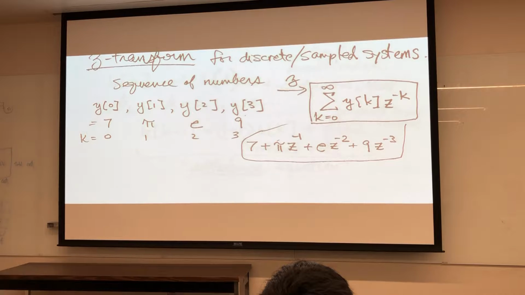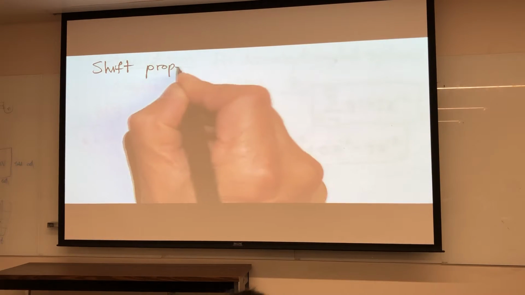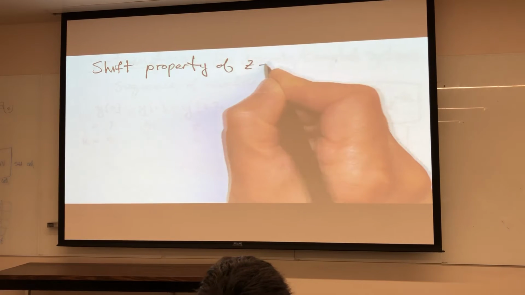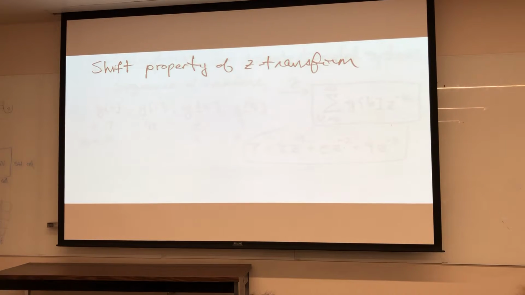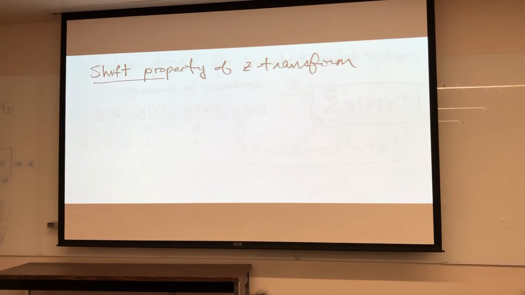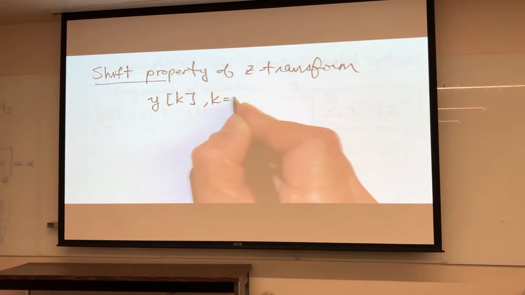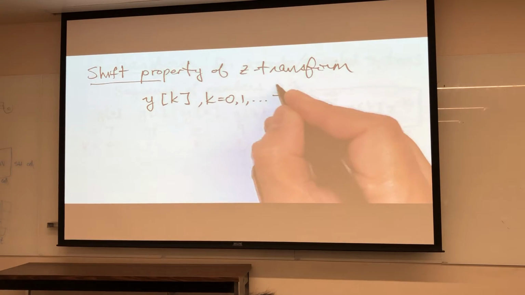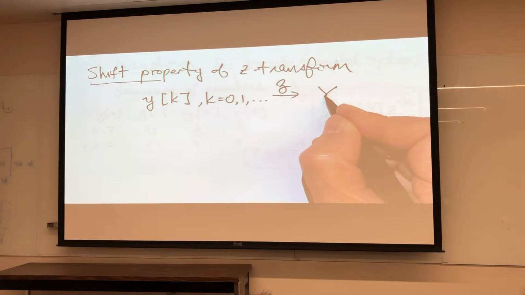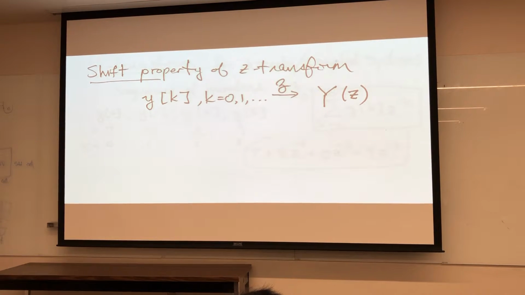Now, one of the properties of the Z transform that is useful is what we call the shift property. Okay, so if I have y of k, a sequence of numbers, k going from 0, 1, 2, 3, dot, dot, dot, and I do a Z transform, then I'm going to call that new animal capital Y, just like I did in Laplace transform.